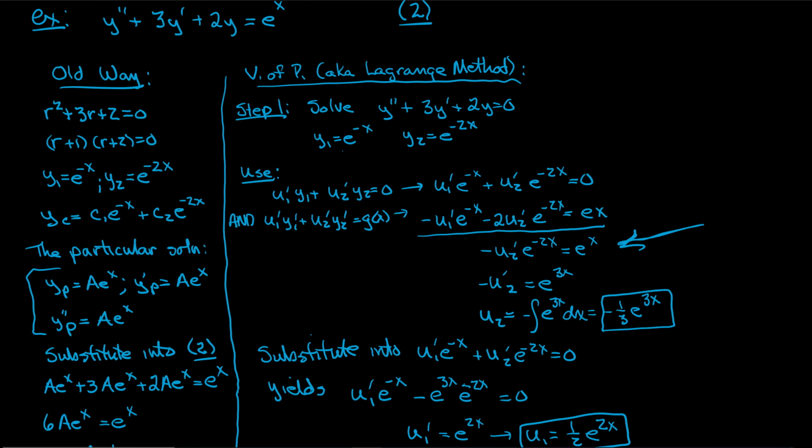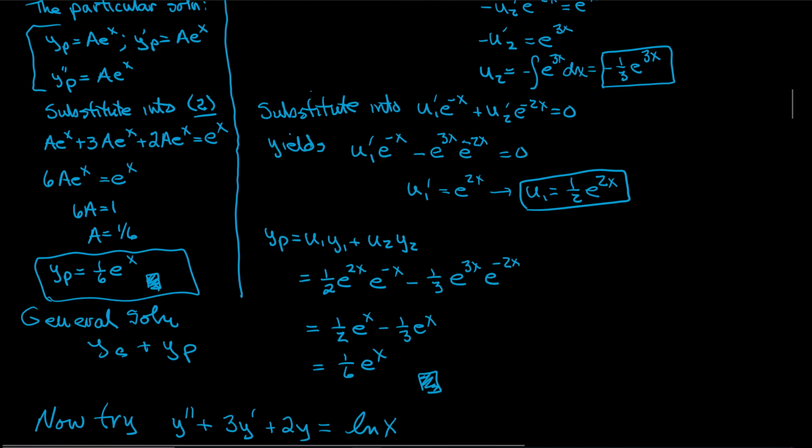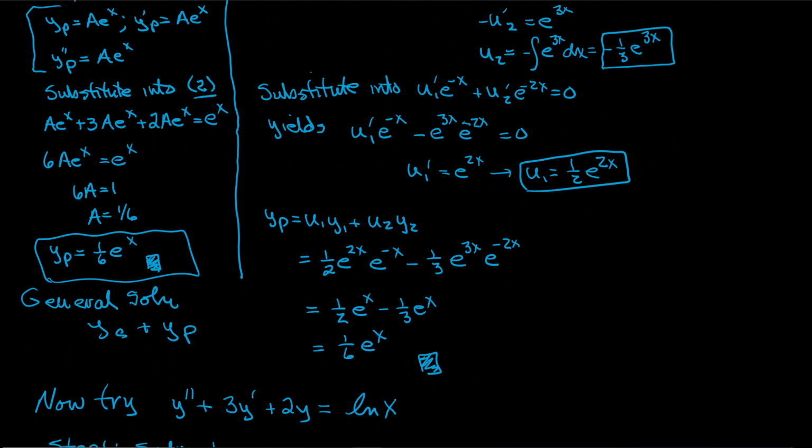Well, I need to first solve for this u2 prime. So I'm going to multiply both sides by e to the 2x, which on the right side will give us e to the 3x. And we have a negative u2 prime equals this e to the 3x.